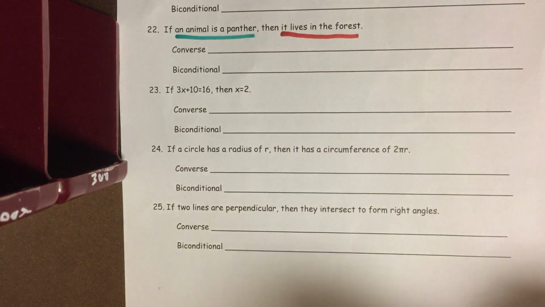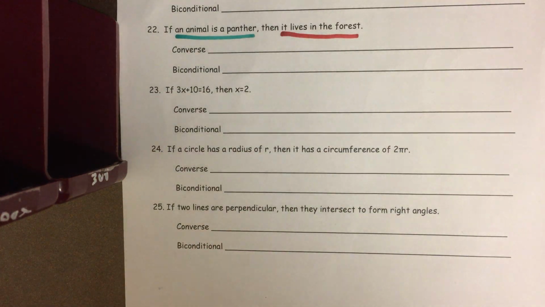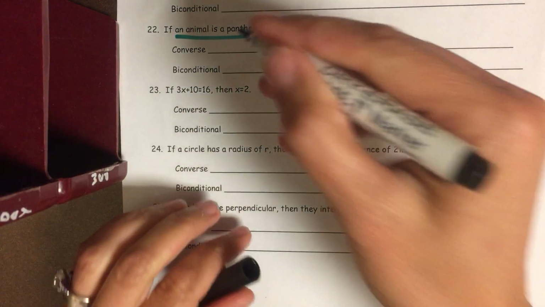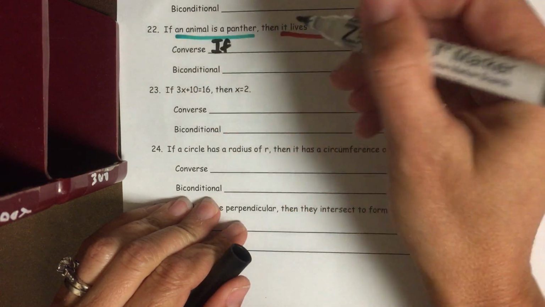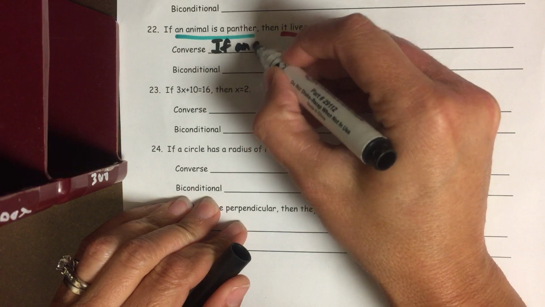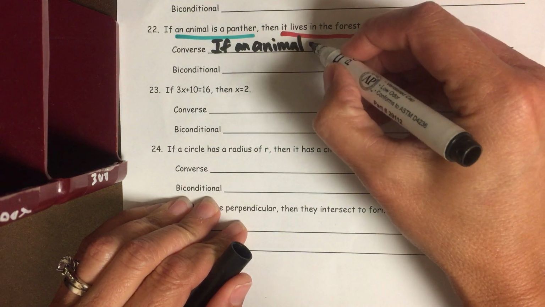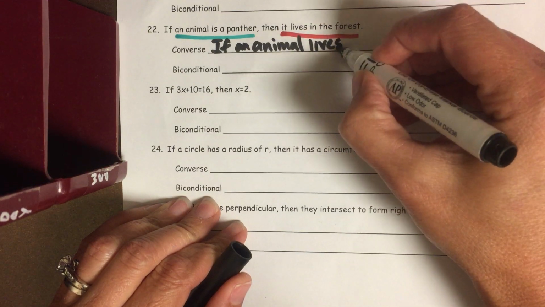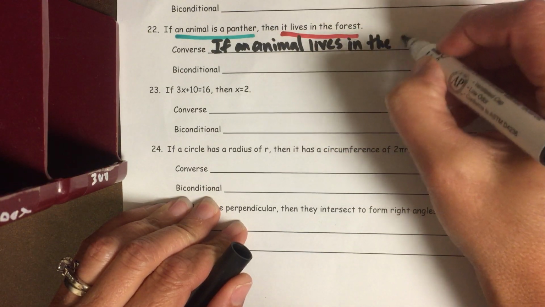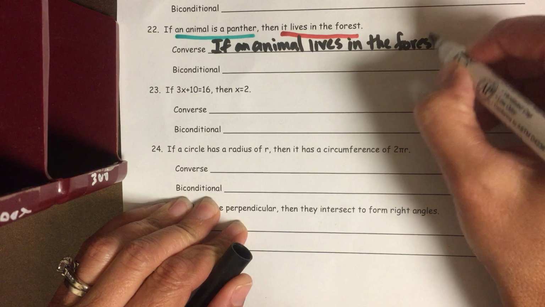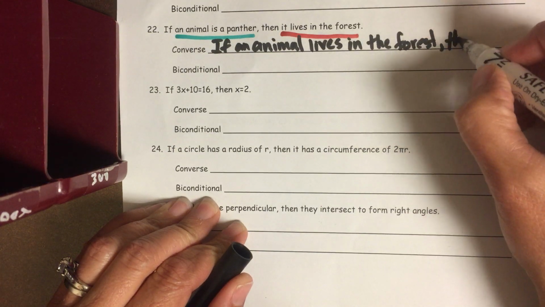So that's your original statement. Let's write the converse. The converse would be, if an animal lives in the forest, then it is a panther.